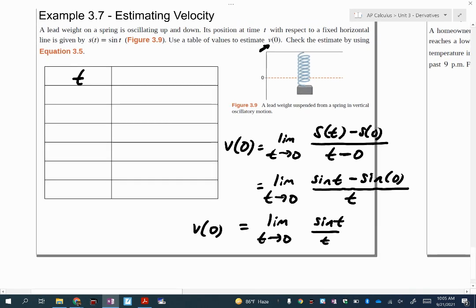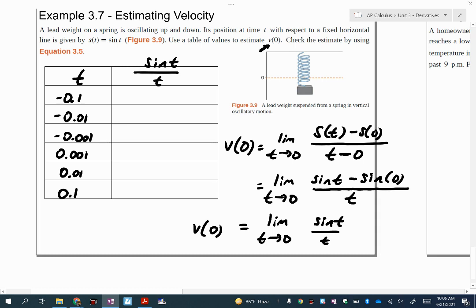So I'm going to go from values that are just below 0 to just above 0. And for my y values, I'm going to be plugging into sine of t over t.